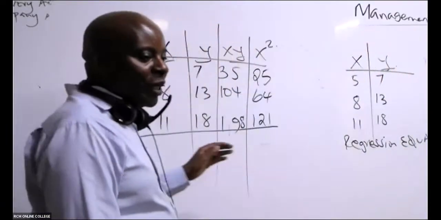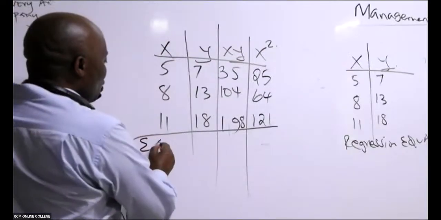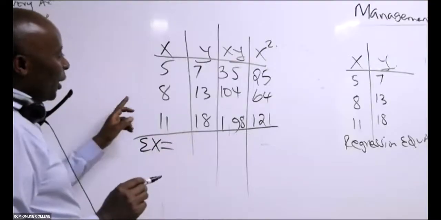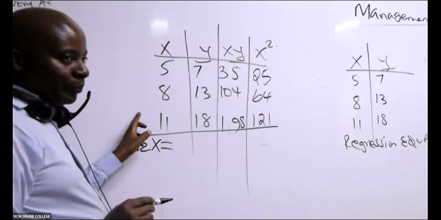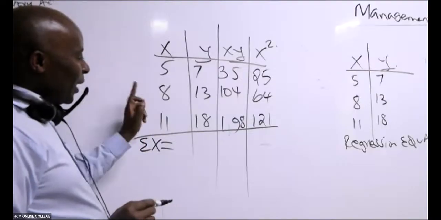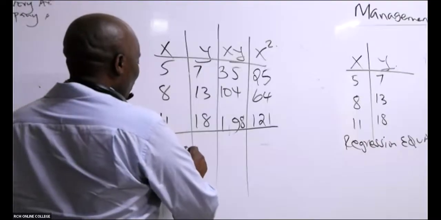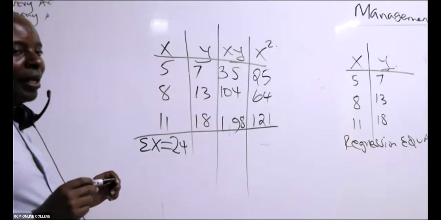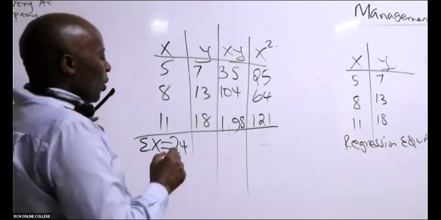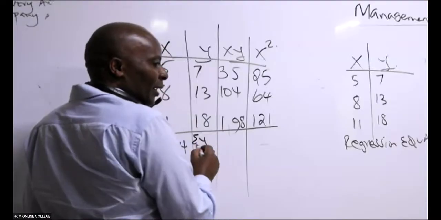Now from there, come and give us the summations, because those things you saw us writing down were summations. So give me the summation of x. You are adding the 3: 5 plus 8 plus 11. 24. Then go to the y. Summation of y, I'm told, is 38.